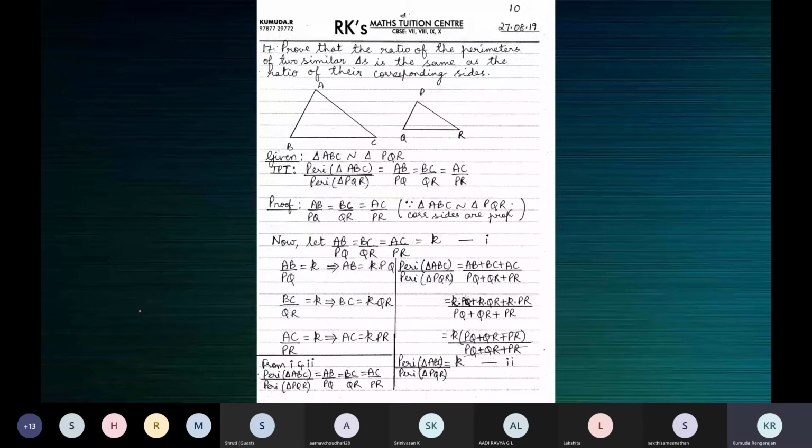Write down, children, write down this. Write the proof also, because as you write, you can understand better, then let's discuss.